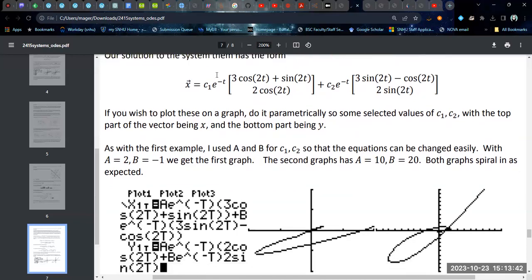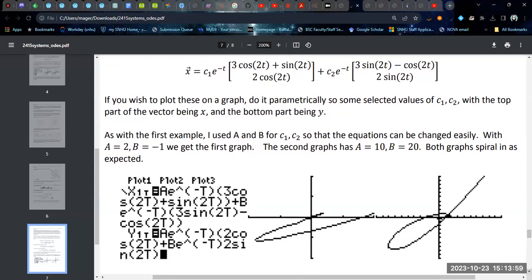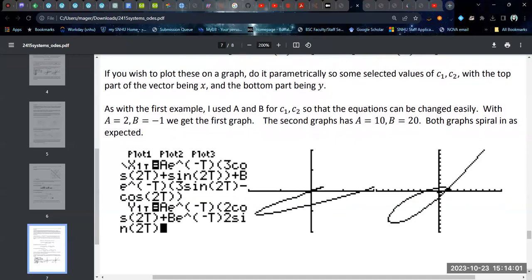And then your second equation is a little shorter, but you pull out your unknown constant, e to the negative t 2 cosine 2t, and then your second unknown, e to the negative t 2 sine 2t from here. And then there are no real eigenvectors to plot, so we don't have to worry about plotting those lines.